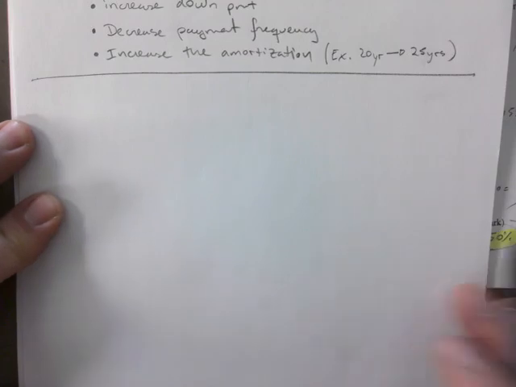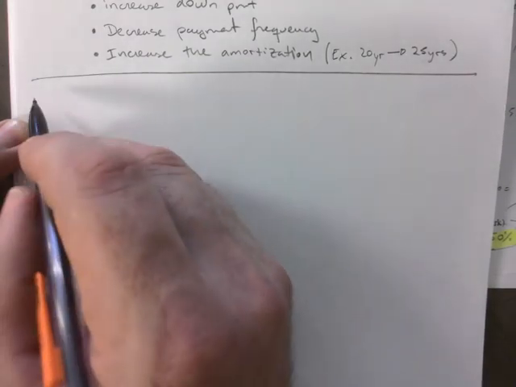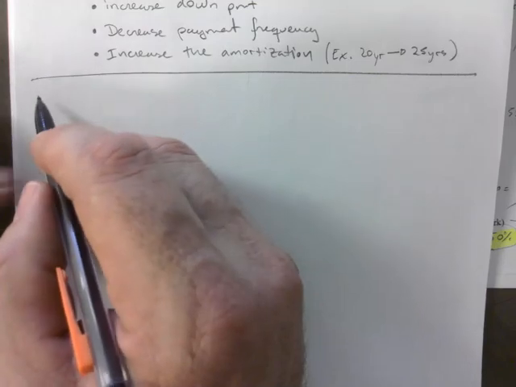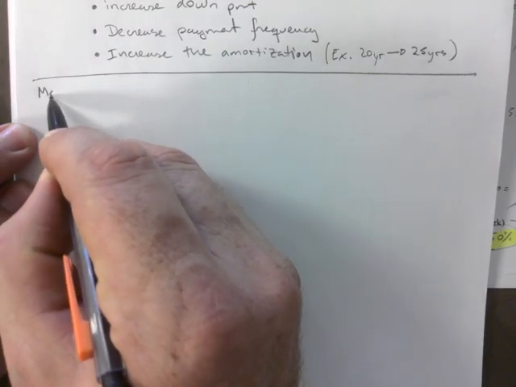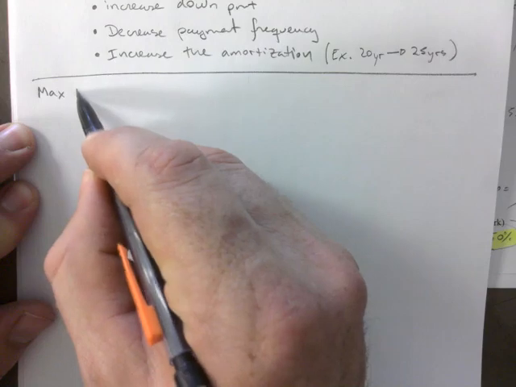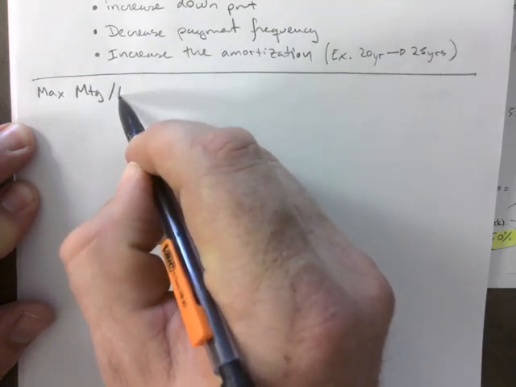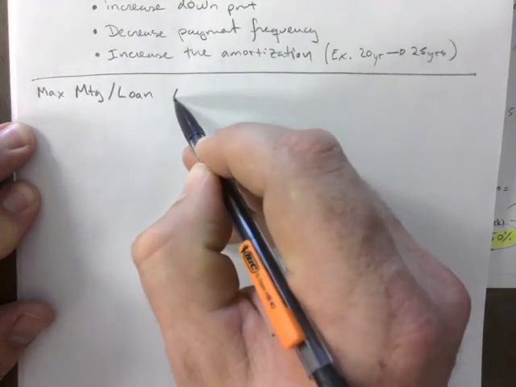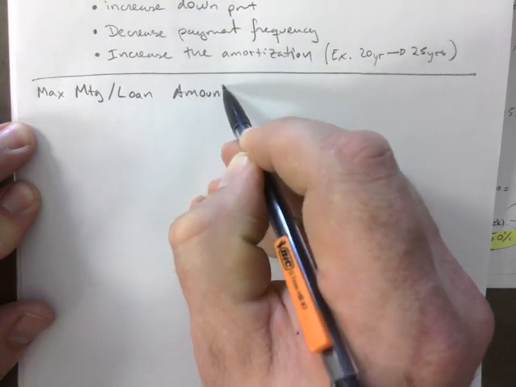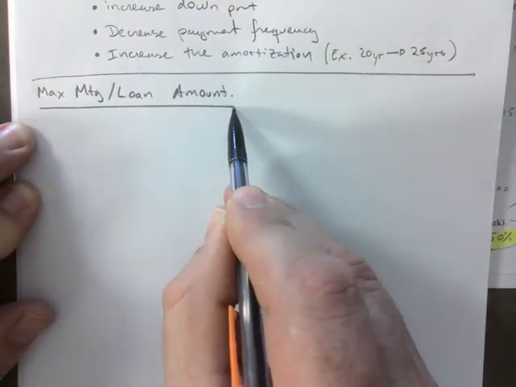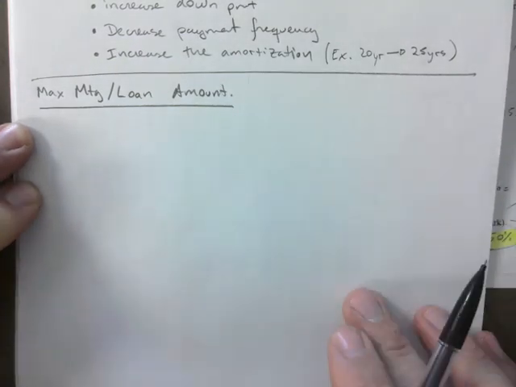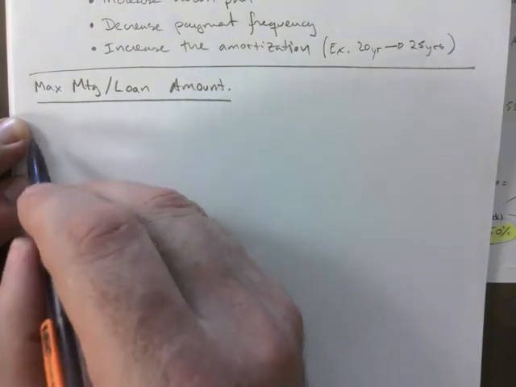And I'm gonna make a question on the fly here, okay? Maximum mortgage / loan amount. I will highlight that later. It's a very important one that I need you to understand, okay?